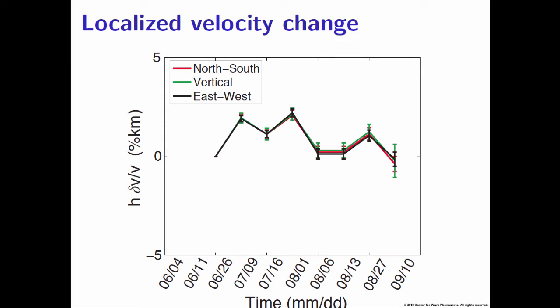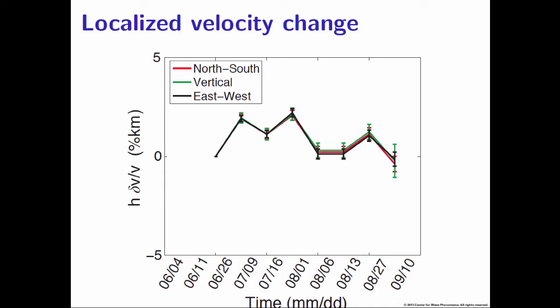Using those fits, as I talked about earlier on, we can only estimate the combined parameter of h edge and delta V over V. Here is the estimate that we get from the fit of the spatial distribution of the velocity change. And this gives you a similar trend to what we saw earlier by just averaging the velocity change.